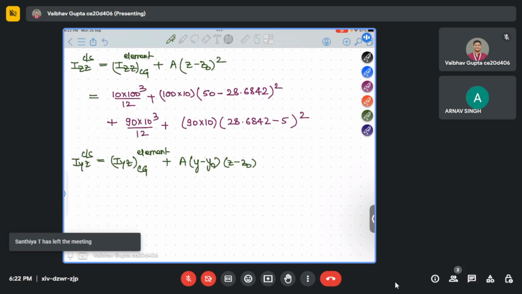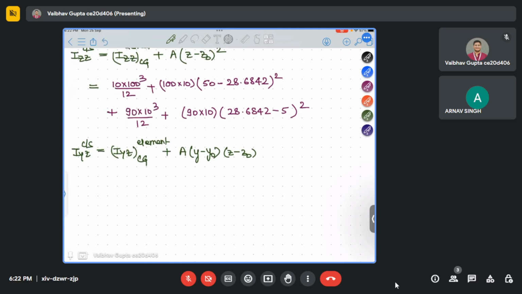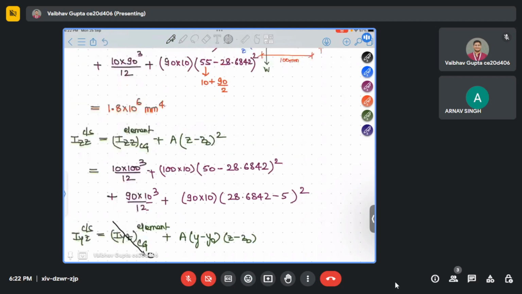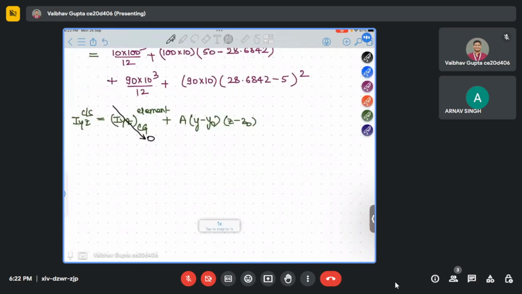So we'll go ahead with Iyz of the cross section. What I told you in the previous class also, Iyz along CG is always 0. Now here also we'll go with elements 1 and 2. Now you see the difference, why I am telling you to take distance as positive. The area of the first element is 100 into 10.